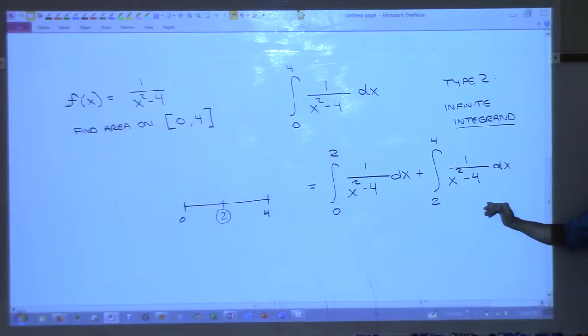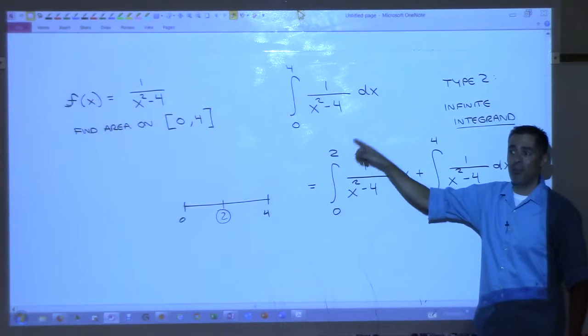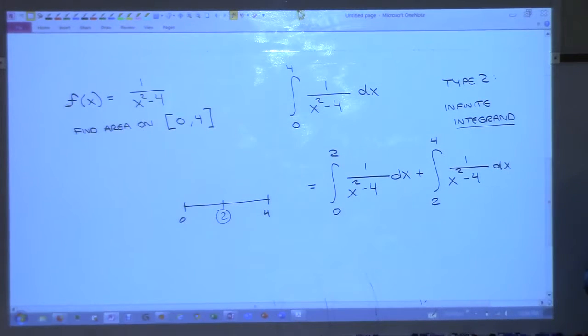This would still be a problem, though. Does everyone realize this would be a problem? You turn the 2 into a variable? That's exactly what we're going to do. We still have a problem here because if we ever get to 2 and try to plug 2 in, we have a problem. So we're going to replace our 2 with a variable and do a limit. We're going to approach it, not get to it.